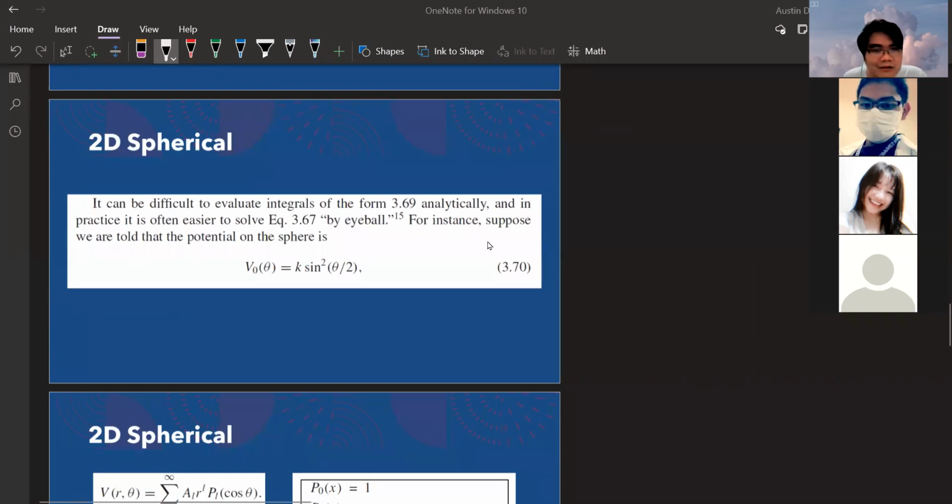For instance, suppose that we are told that the potential on the surface is V naught, this guy. So, V naught of theta is just K sine squared theta over 2. Kunwari given to, no? Kunwari ito yung problema natin at hand.